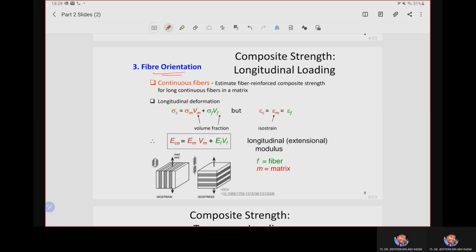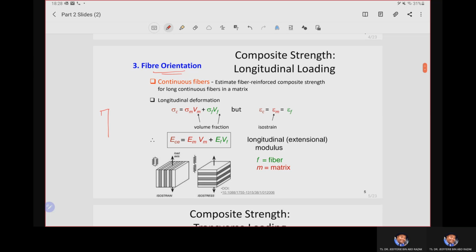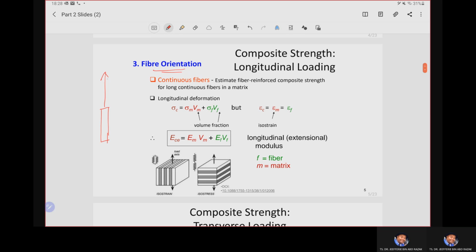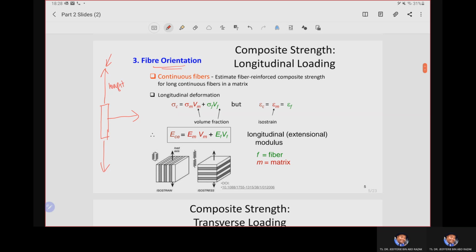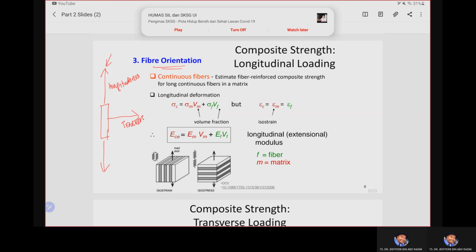If you have your fibers in this orientation, look at the loading direction or stress direction. This direction we call the longitudinal direction, and this direction we call the transverse direction.